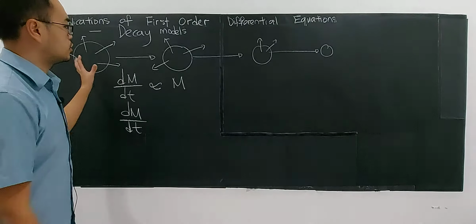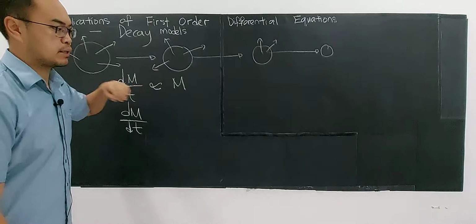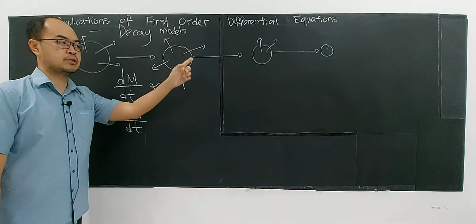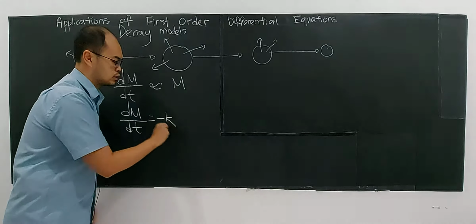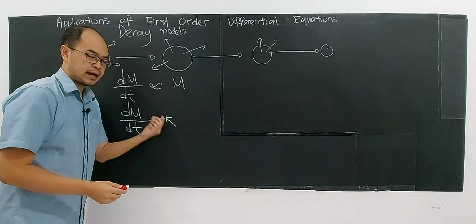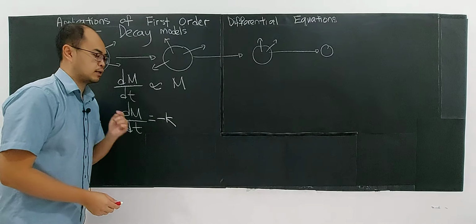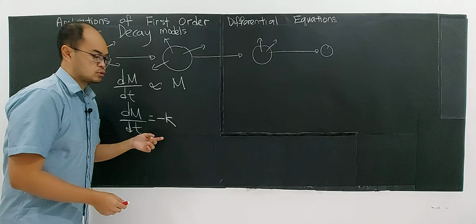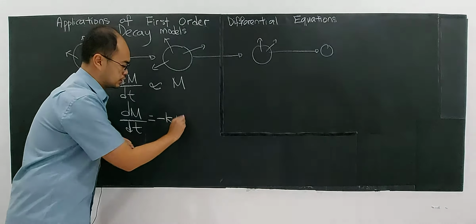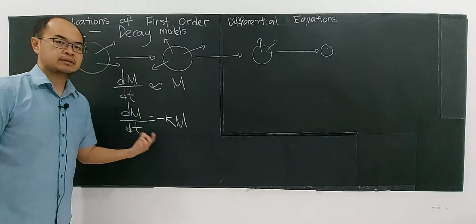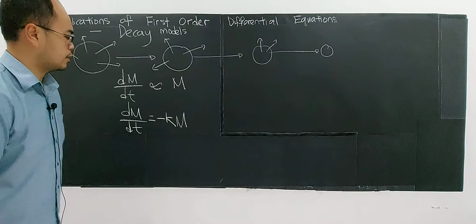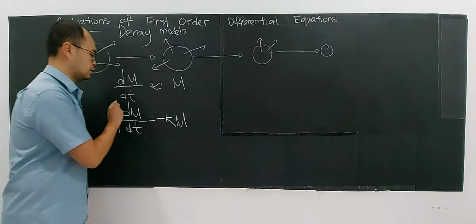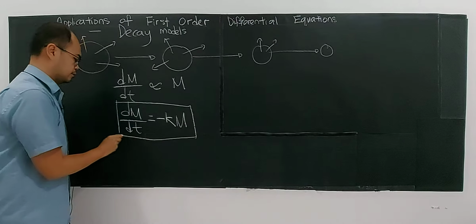Even though it's directly proportional, in nature it's actually decreasing in mass. So usually we put a negative k here to denote that. Without the negative is okay, but the negative just denotes that this is a decreasing model. So it will be dm dt equals negative k m.